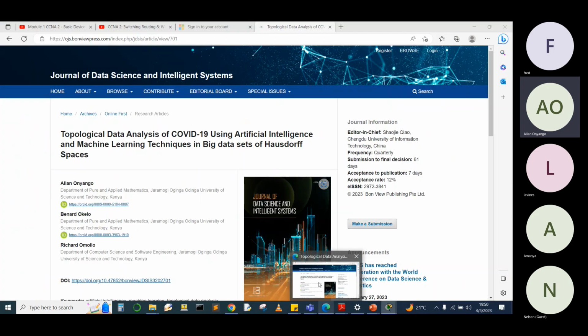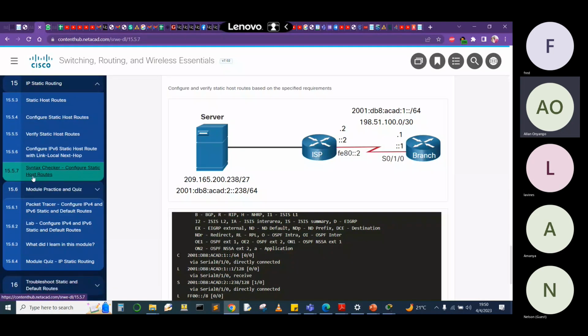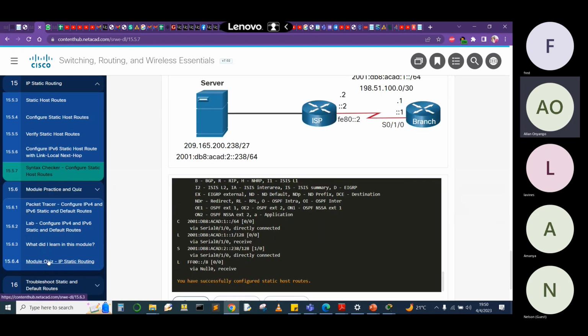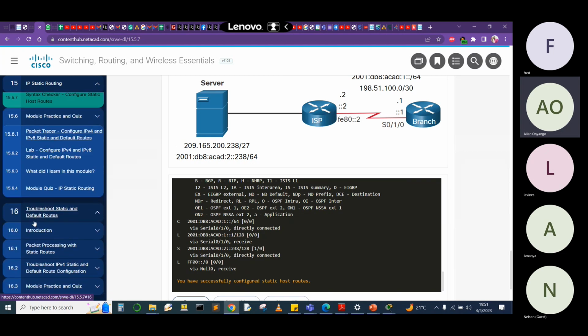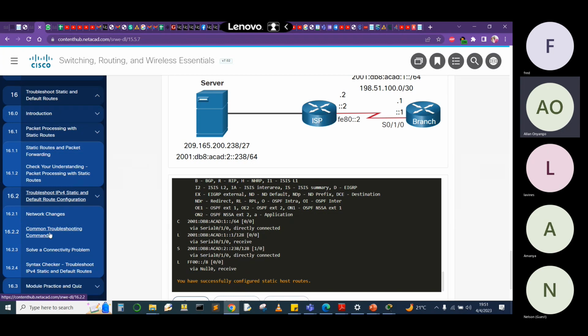I'd already given you some, but I just have a few more. I already gave you 15.6.1. That is similar to what we have just done now. Please figure it out.